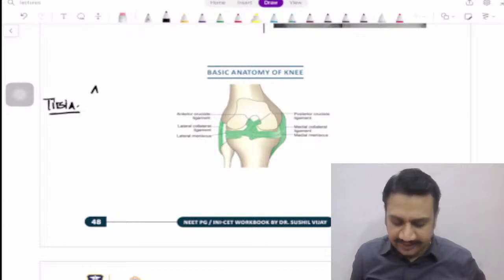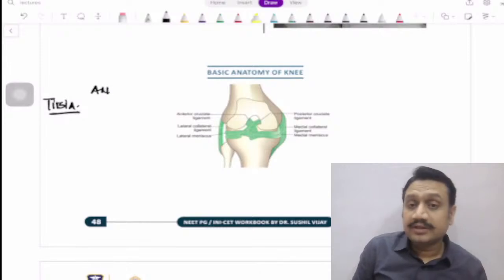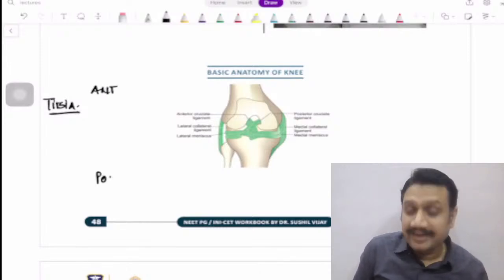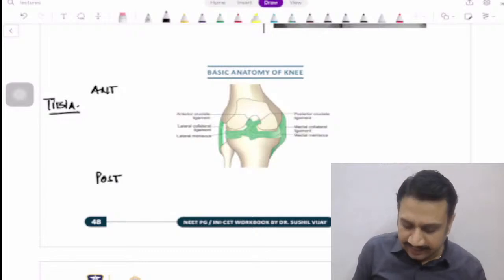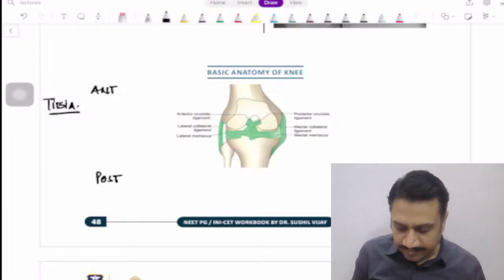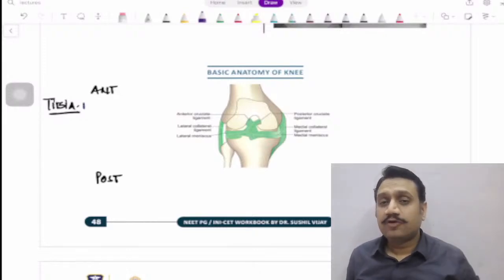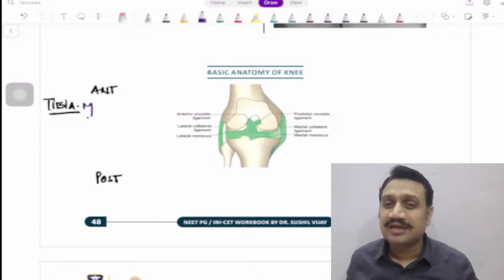Looking from the anterior aspect, you can remember the mnemonic: Medical College Lucknow and Lucknow Medical College, MCL and LMC. Please do remember this, from anterior to posterior, how the structures are arranged.